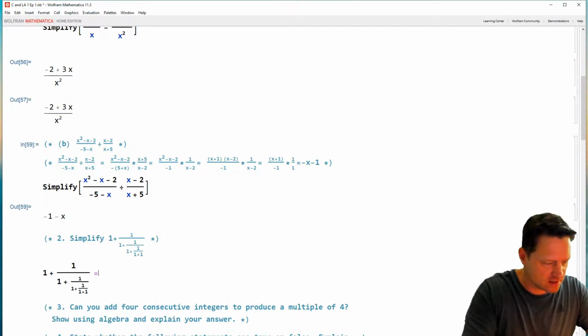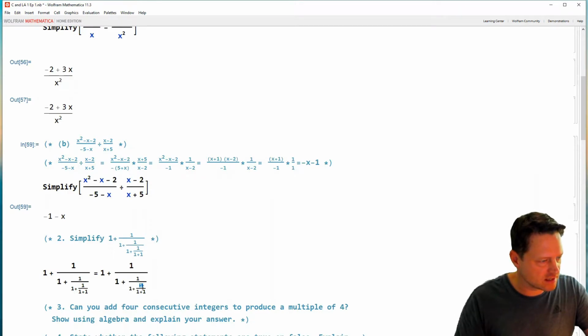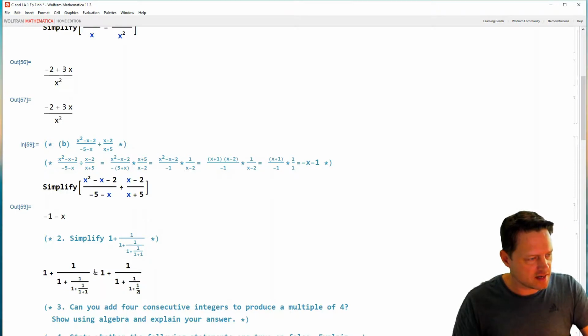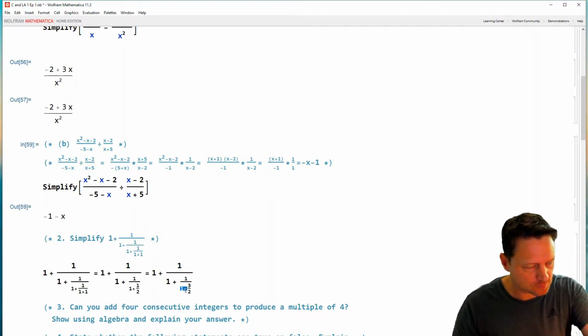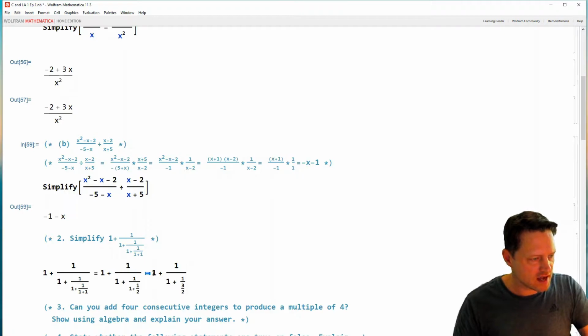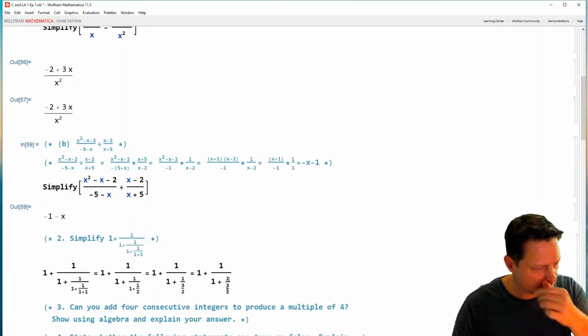So this is equal to, now let's see, this here is 1 over 2. Okay, and so next we would add 1 and 1/2 at the bottom. And we would have 3 halves there. Okay, so now we've got 1 over 3 halves, but that is actually 2/3 there. So let's put 2/3.